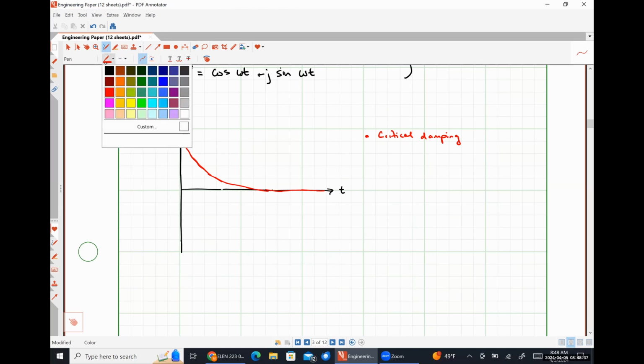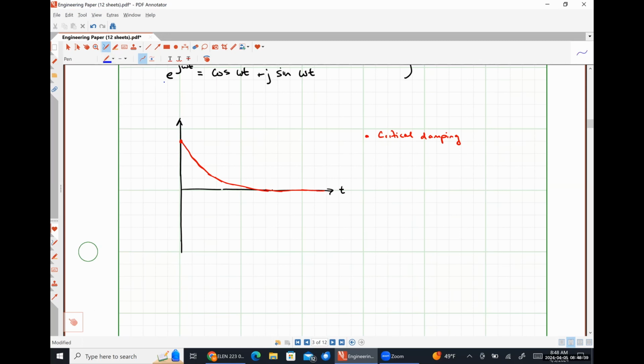For an overdamped system, which I'm going to do in blue, we're going to have something similar. But it takes longer for the system to settle to its final value. Okay.